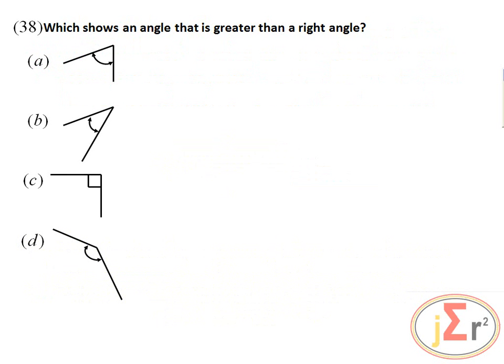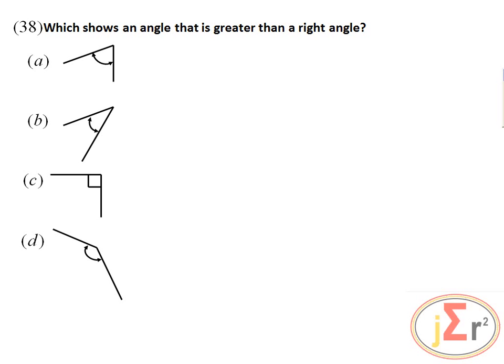Which shows an angle that is greater than a right angle? Which one is a right angle, Jerry? Option C. Right. Now, if we say an angle that is greater than a right angle, then we are required to understand what a right angle is like. So we should know what a right angle looks like.